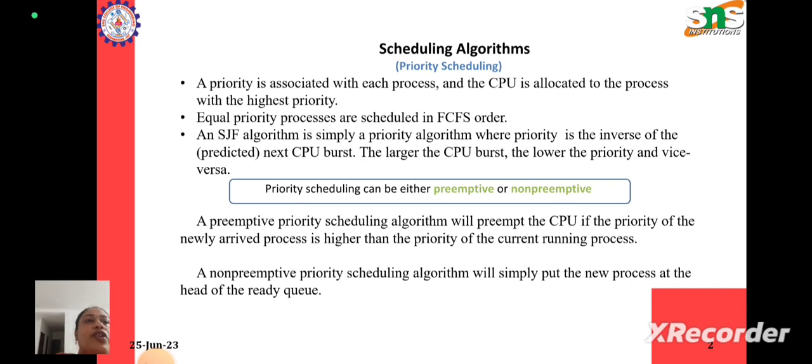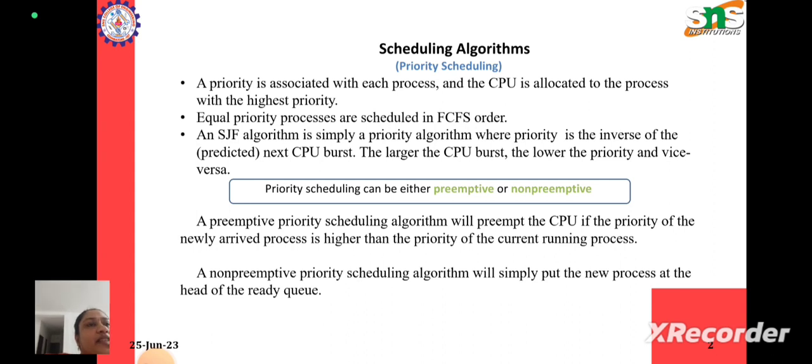Now, what about non-preemptive priority scheduling? In non-preemptive priority scheduling, the algorithm will simply put the new process at the head of the ready queue. So if a new process arrives with higher priority than the one currently executing, even then the running process will not be disturbed, but the newly arrived process will just be kept at the head of the ready queue.